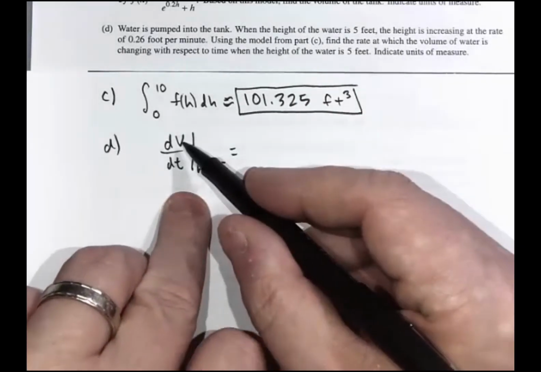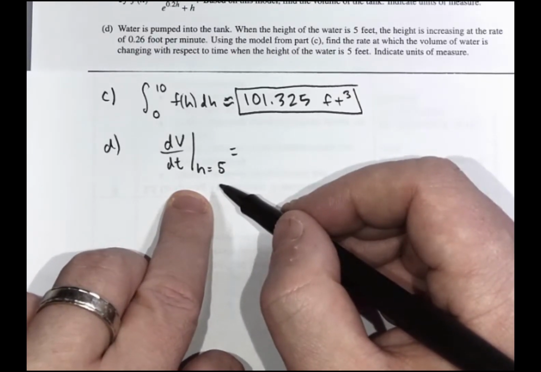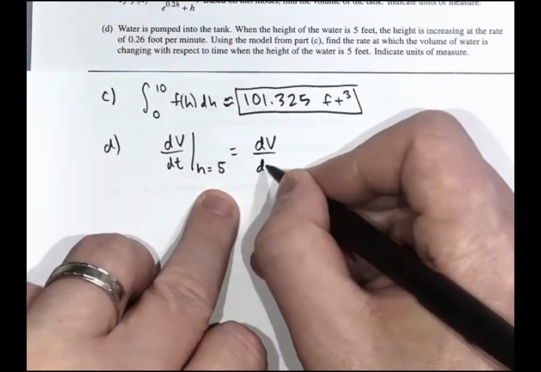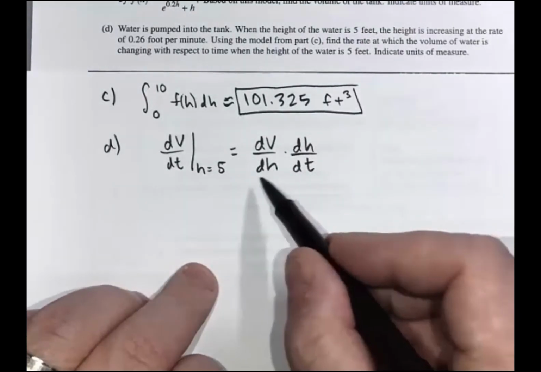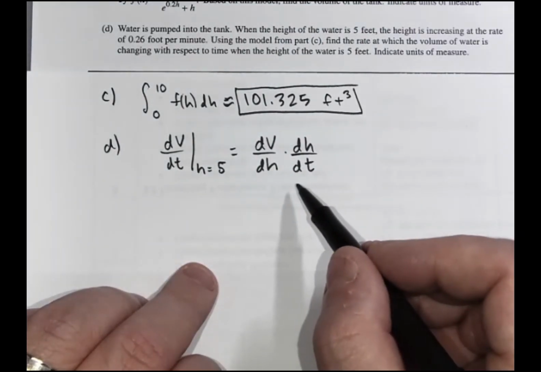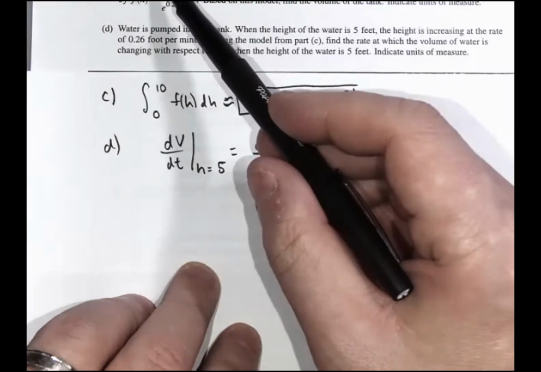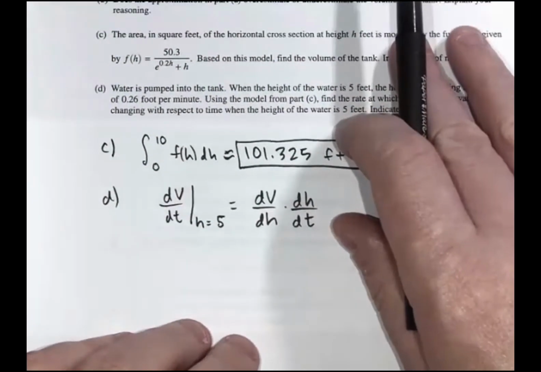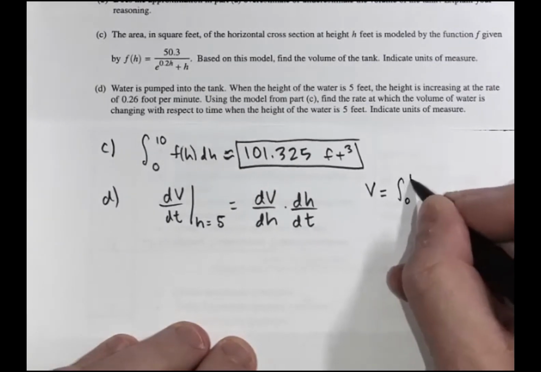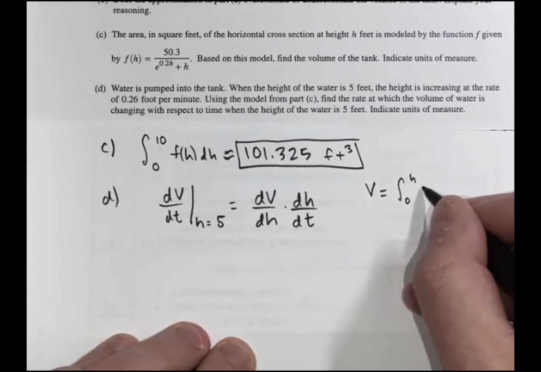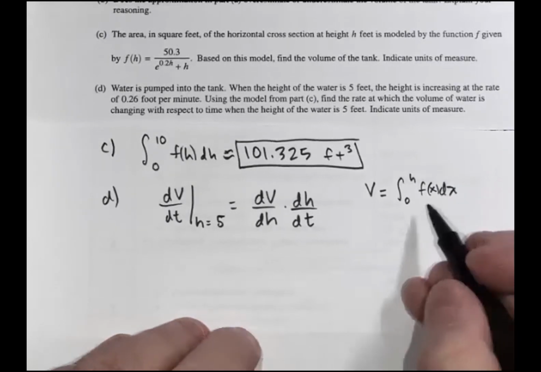So if we want to find the derivative of V with respect to time at h equals 5, let's take the derivative of the volume with respect to h, and we'll multiply that by the derivative of the height with respect to time. So this is the chain rule. All we're doing here is the chain rule. So in part C, we were told that V is equal to the integral from 0 to h of f of x dx, to use a generic variable.